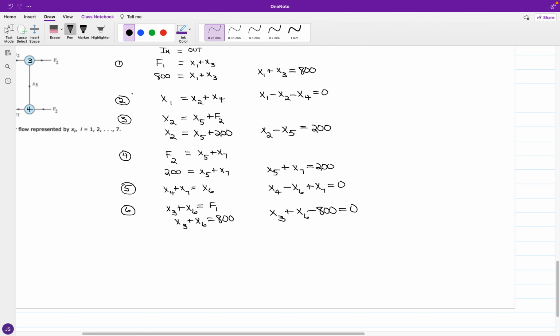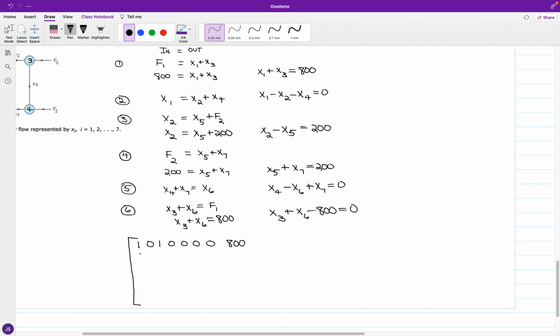Okay, so setting up what we have in terms of a matrix. I have x of 1 plus x of 3 equal to 800. And I have the subscripted values from 1 to 7. So we have 1x of 1, no x of 2, 1x of 3, and then no x of 4, 5, 6, or 7, is equal to 800.